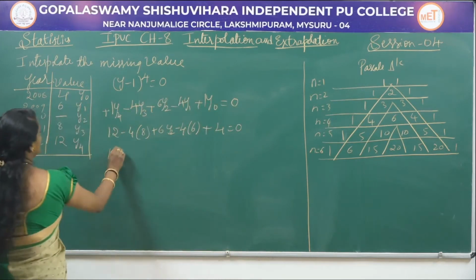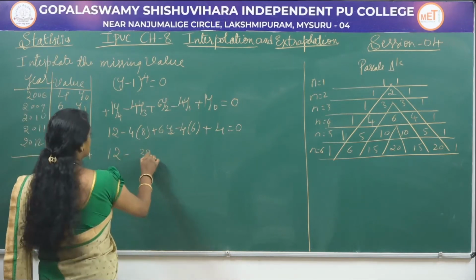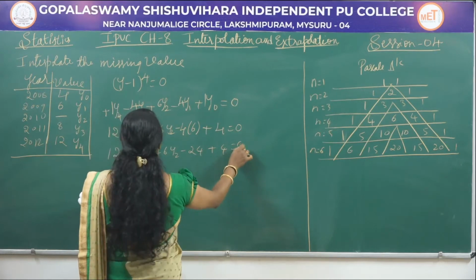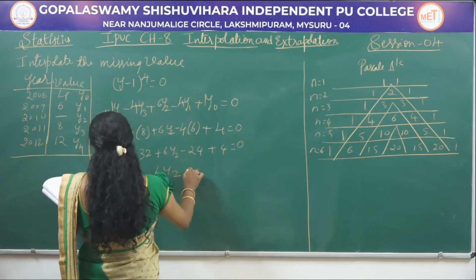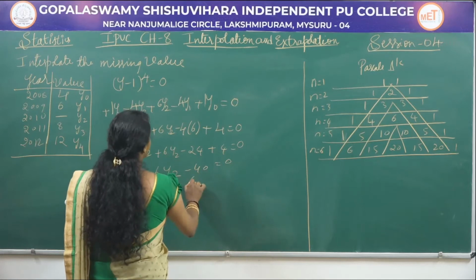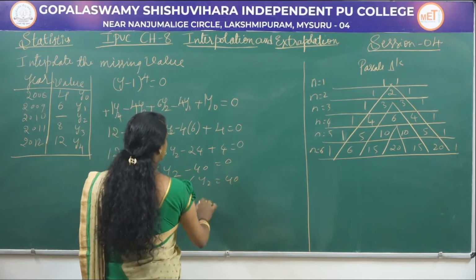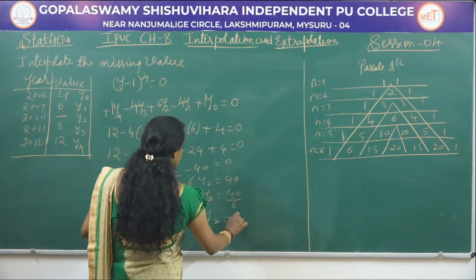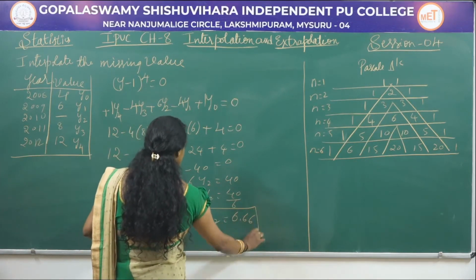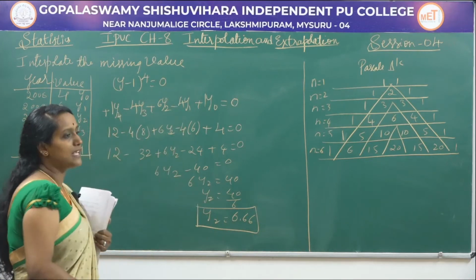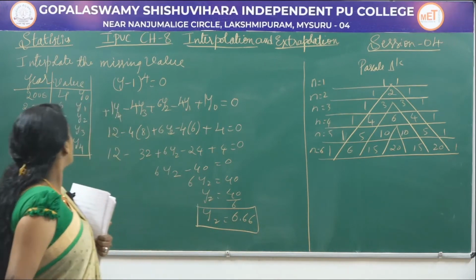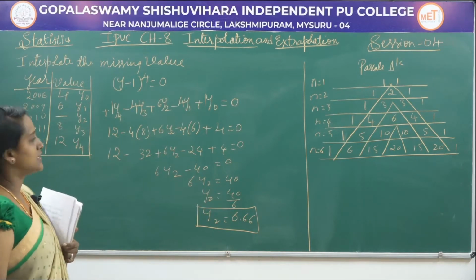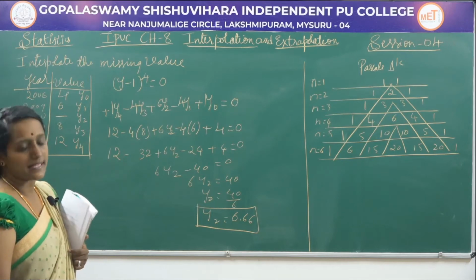It is 12 minus 32 plus 6y2 minus 24 plus 4 is equal to 0. 6y2 minus 40 is equal to 0. 6y2 is equal to 40. y2 is equal to 40 by 6. y2 is equal to 6.66. So this is the missing value for the given data, that is y2 is equal to 6.66.